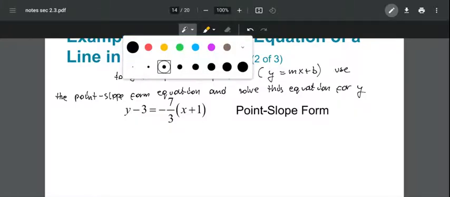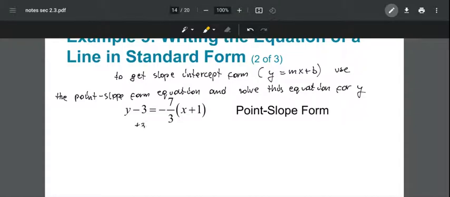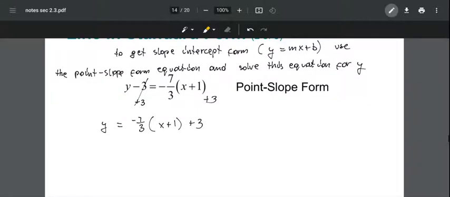So I'm going to add 3 to both sides. So we have y equals -7/3 times x plus 1, plus 3. And now I'm going to distribute -7/3. So we have y equals -7/3x minus 7/3 plus 3. And we just need to combine like terms.